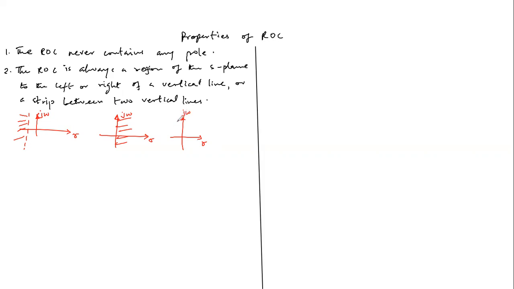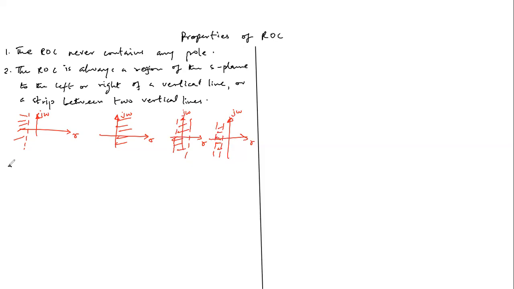J omega, it could be a strip. This is another type of strip. Okay? Strip between two vertical lines.